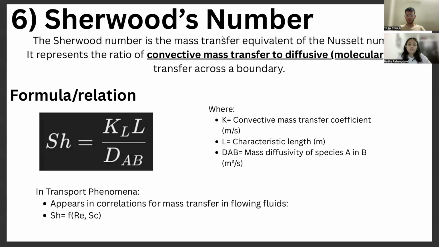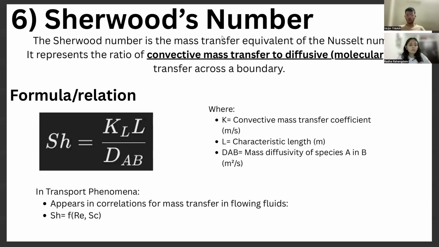So, what is Sherwood number? Sherwood number is the mass transfer equivalent of the Nusselt number. We use Nusselt number in heat transfer, and in mass transfer, we use Sherwood number as the dimensionless number. So basically, Sherwood number is the ratio of convective mass transfer to diffusive mass transfer across a boundary.